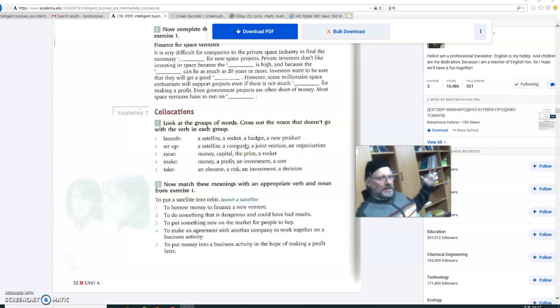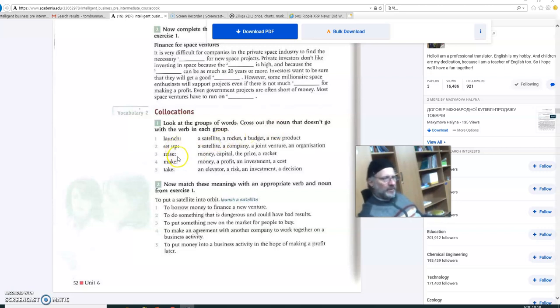So to launch is to cause something to lift off, to go off up into the air or up into space. It can also involve a product. You're not literally taking a product and throwing it up into space, but it means it's kind of getting off the ground.